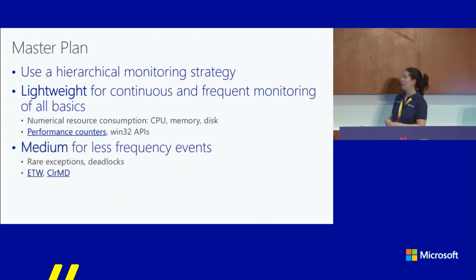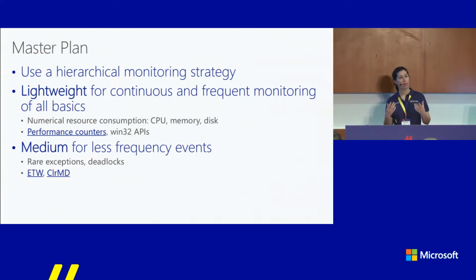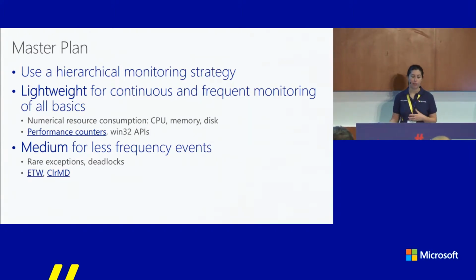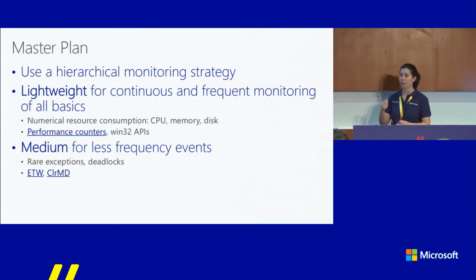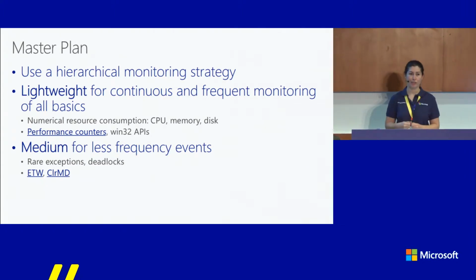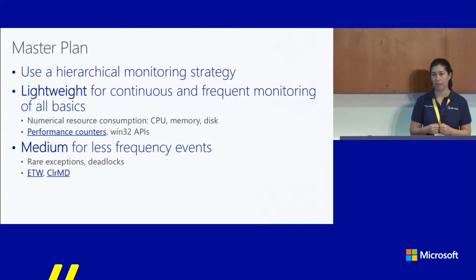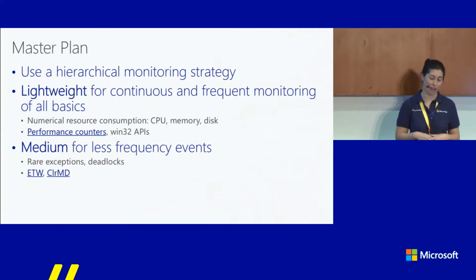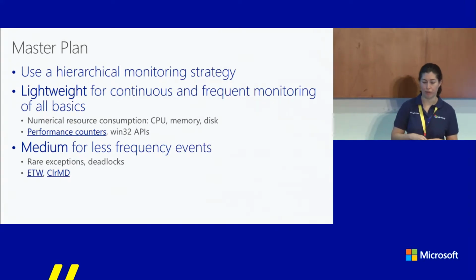Then, if there are some more rare events that happen, such as exceptions or maybe some deadlocks that you might detect, you can put a little more effort into investigating the problem and use slightly less lightweight tools that provide more information.